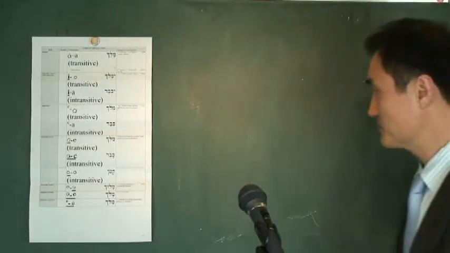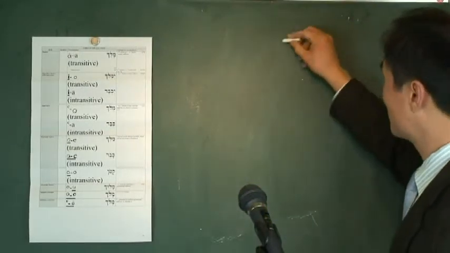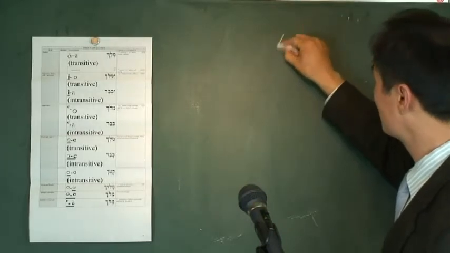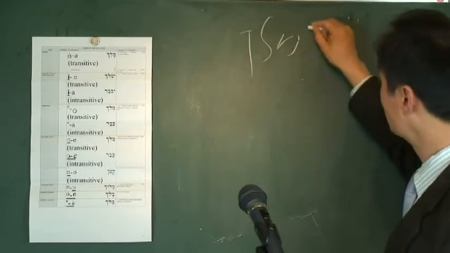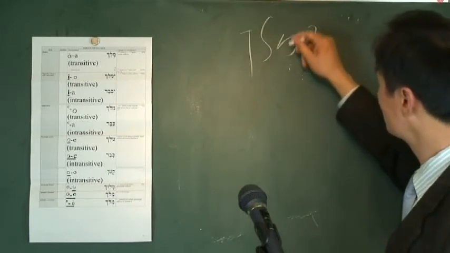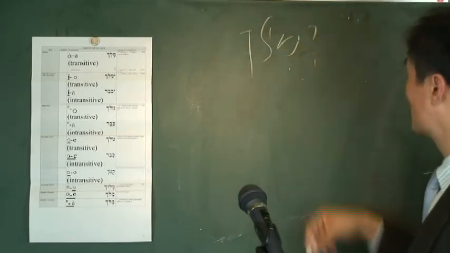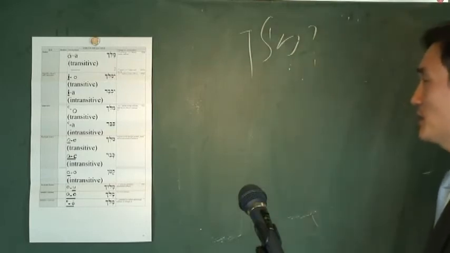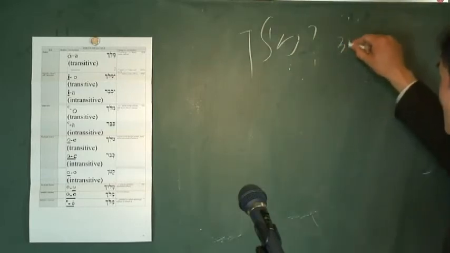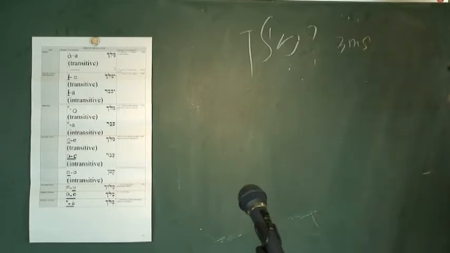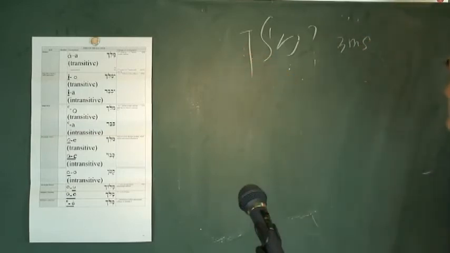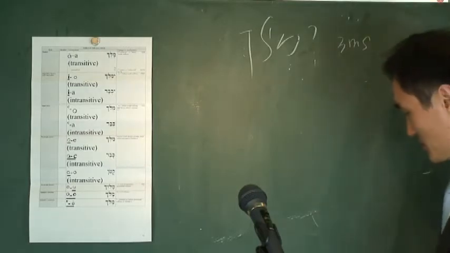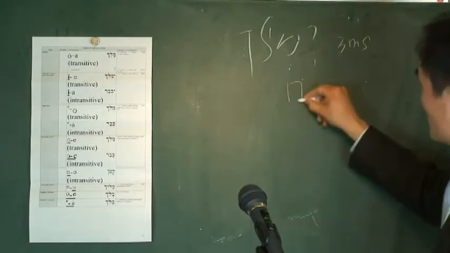Next, we will use the verb malak to find the imperfect form of the kal verb. The imperfect third-person masculine singular form of the kal verb is imlok.